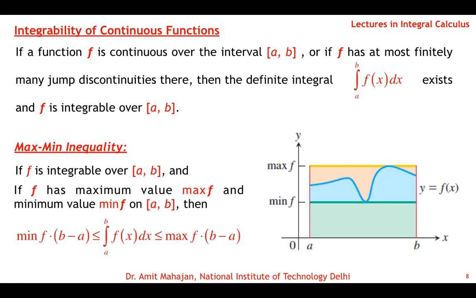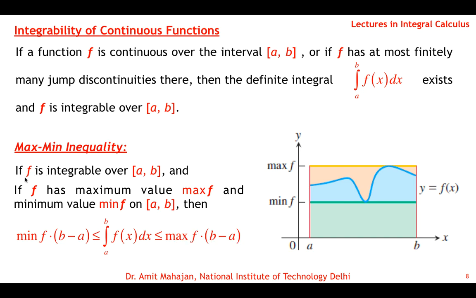It says that the integral of the function over the interval a to b is never smaller than the minimum value of the function times the length of the interval, and it is never larger than the maximum value of the function times the length of the interval.